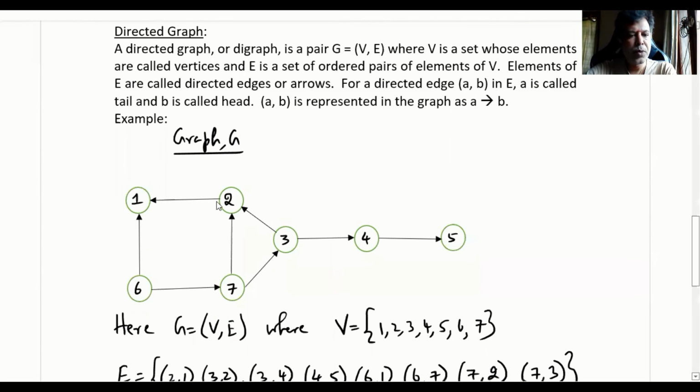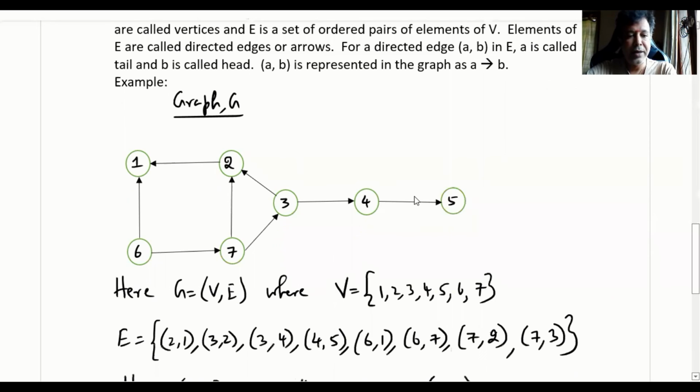So this is a directed graph example. We may notice that from 2 to 1, there is a direction specified, but there is no direction specified for 1 to 2. 6 to 1 is specified, and there is nothing specified for 1 to 6. So here ordering is very important in directed graphs.